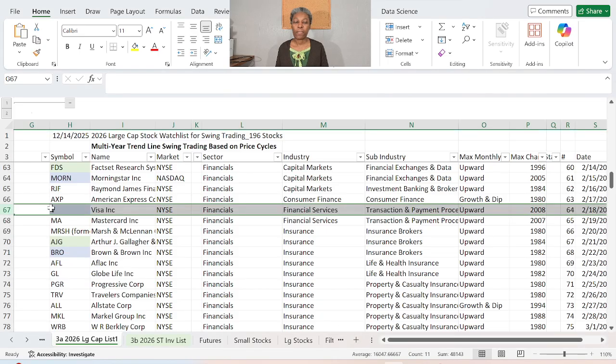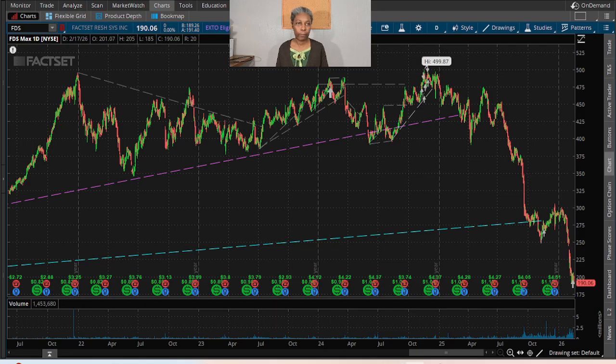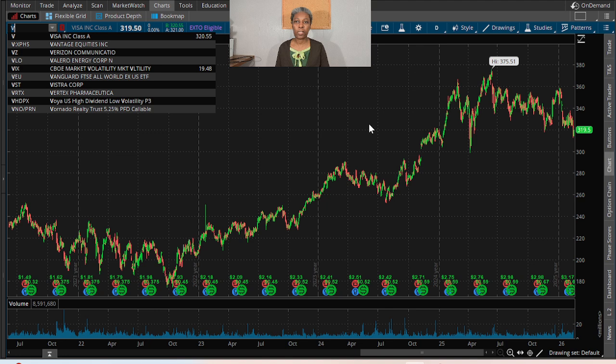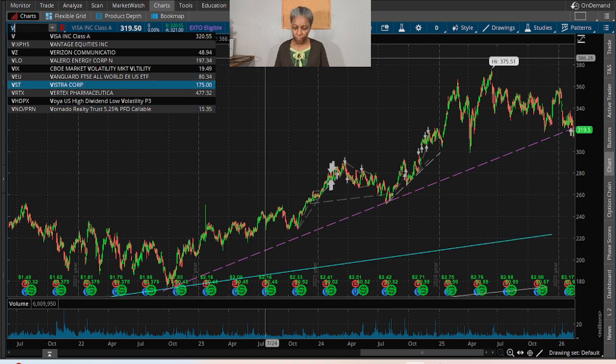Today is February 18, 2026, and we are going to analyze Visa. So using maximum daily chart, we have Visa here.